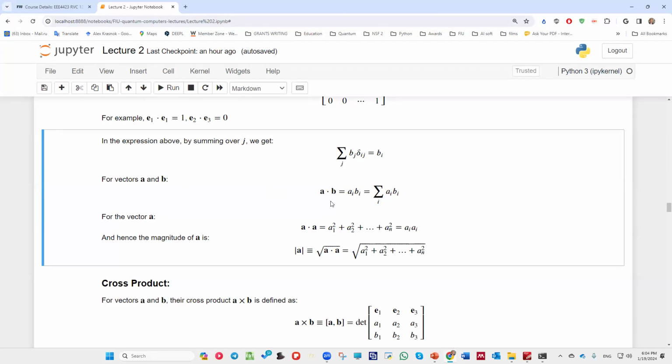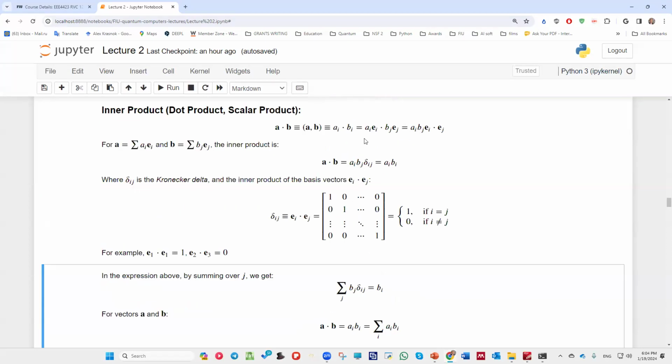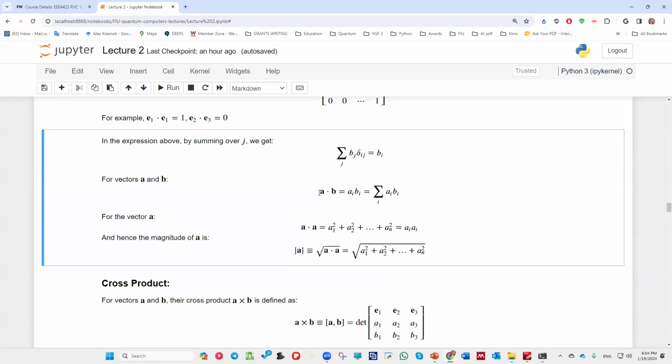So this is just a repetition of the product of two vectors A and B. I can write this product as a summation of the products of the components of the vectors A and B. The same holds for just one vector.